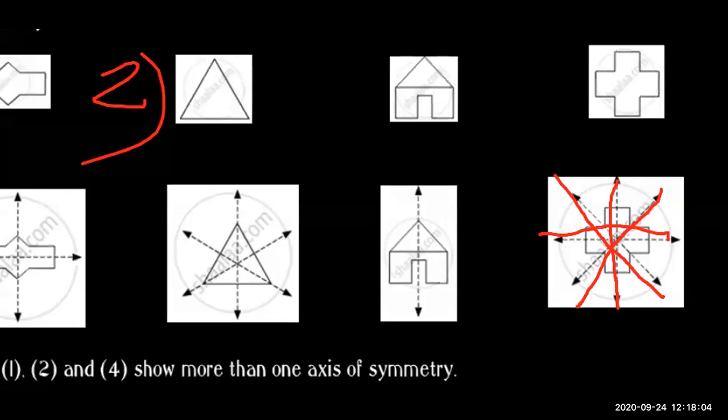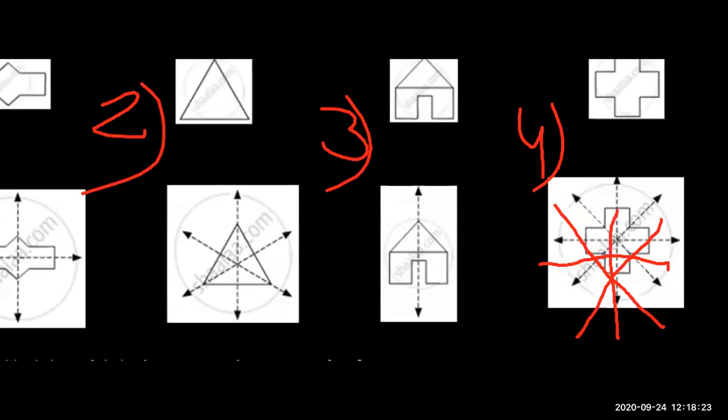The fourth figure also has more than one axis. Only the third figure, how many axes does it have? Only one axis. So what did they ask you? They ask which of the figures has more than one axis.